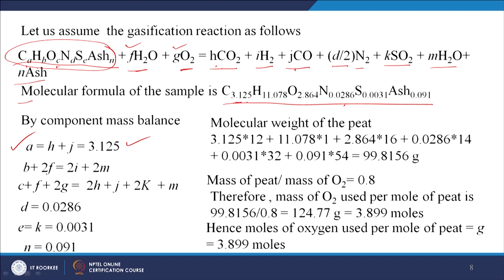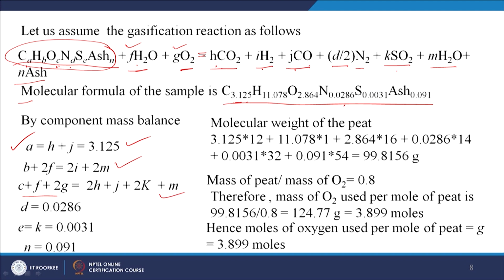Now, hydrogen balance: left side is B plus 2F, and this is equal to 2I plus 2M. So, this is the expression by hydrogen balance. Then for oxygen balance, we are getting C plus F plus 2G on the left hand side, and on the right hand side 2H plus J plus 2K plus M.